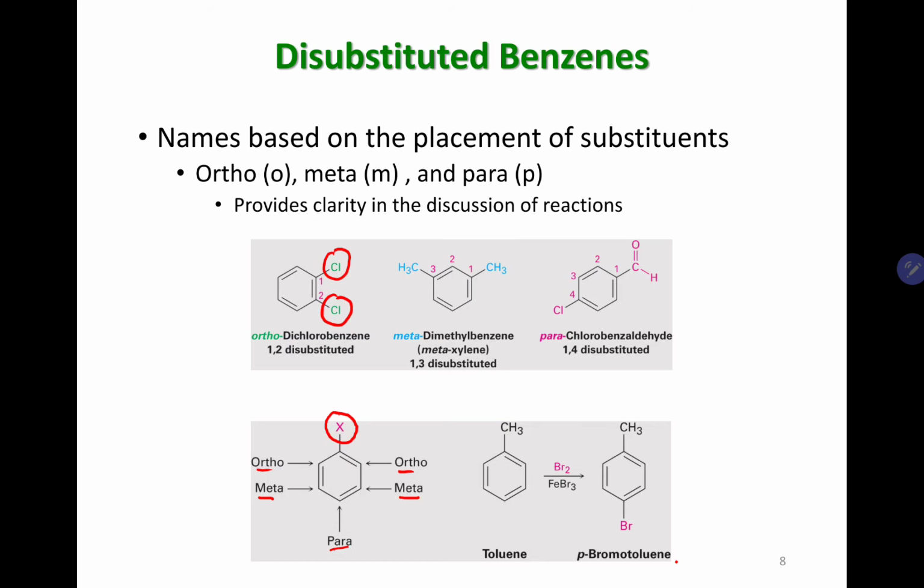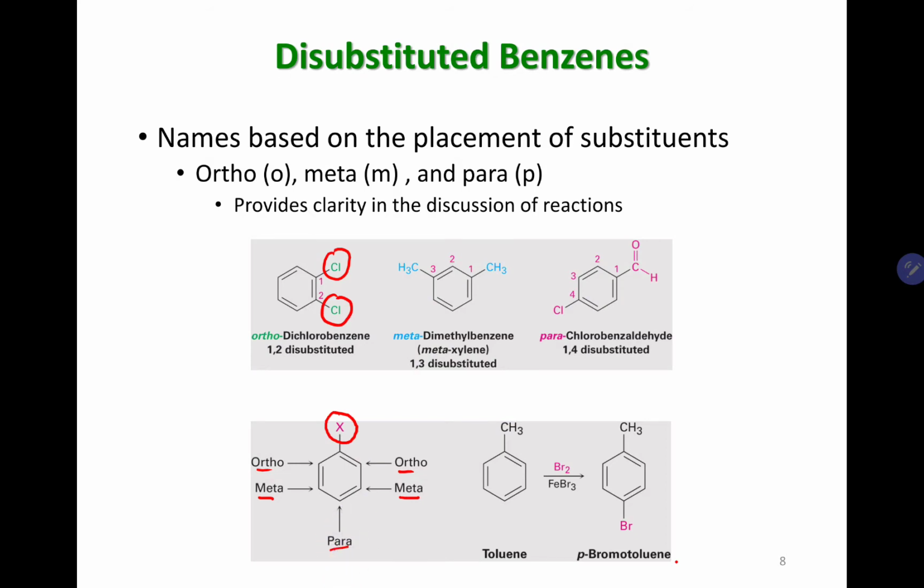If the substituent is directly next to the primary substituent carbon, that location is known as ortho. Two carbons away, that location is known as meta, and the fourth carbon is known as para.